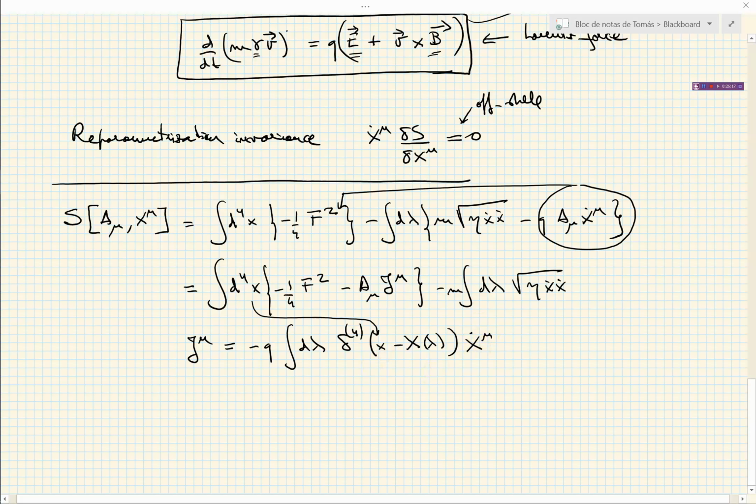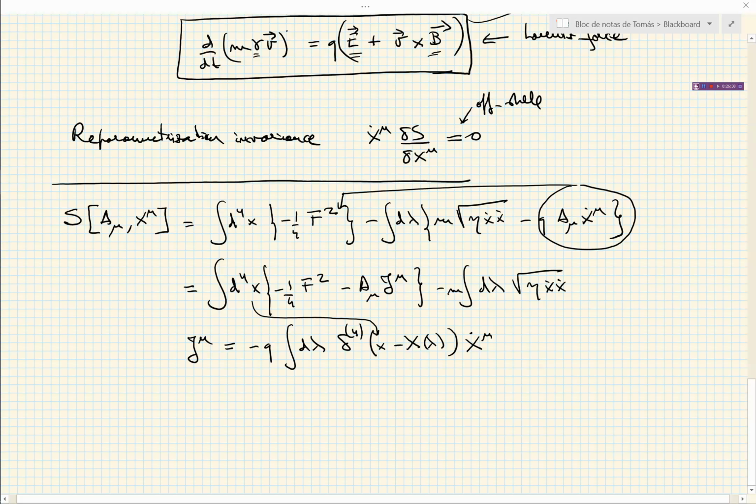So as you see, when you look at the component 0, if you take lambda equal to the coordinate time, this gives you 1, and you have a delta with charge q at the position where the particle is.